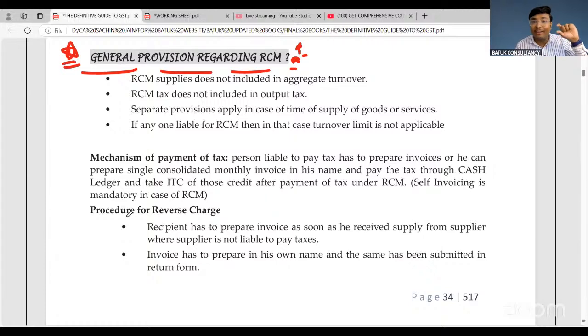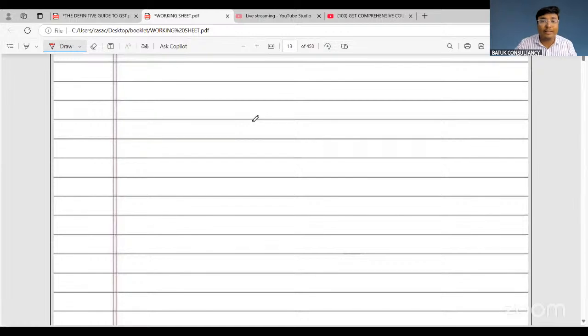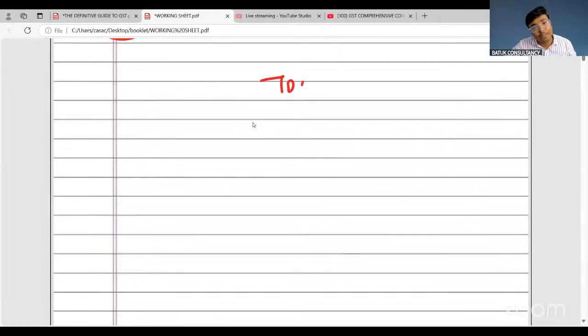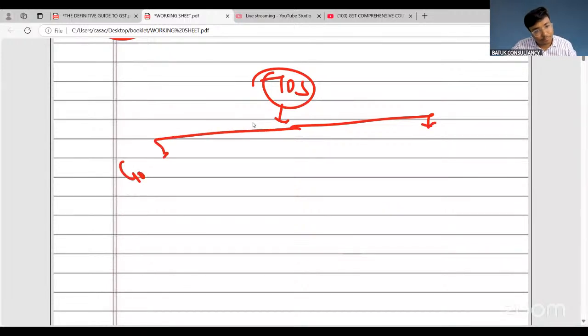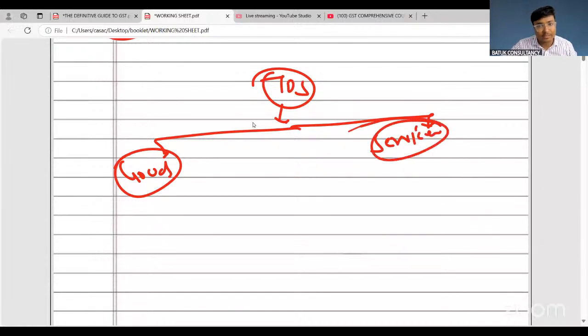Separate provisions apply in case of time of supply of goods and services. Sir, when we cover the time of supply related provisions, I just want to brief you on one thing, as it is important. We'll discuss the time of supply from the perspective of goods and from the perspective of services.